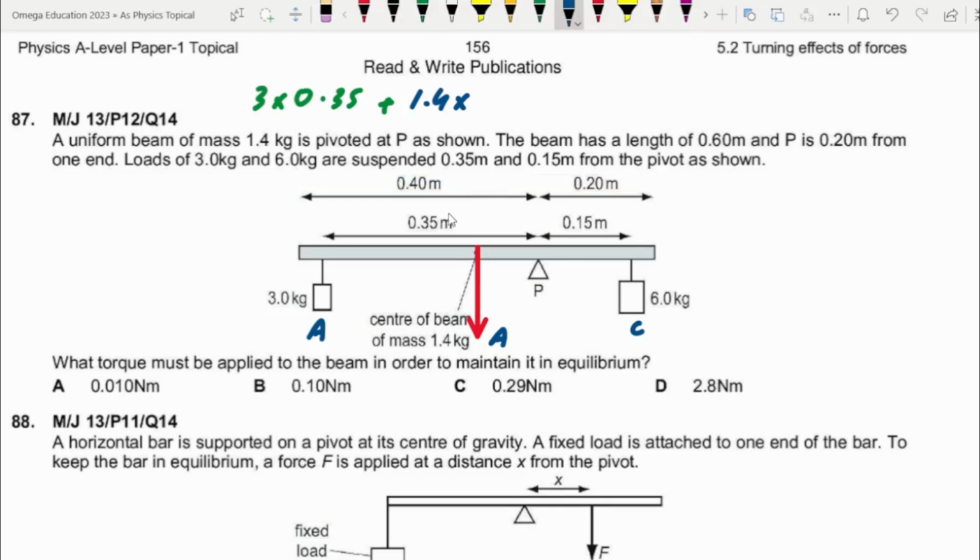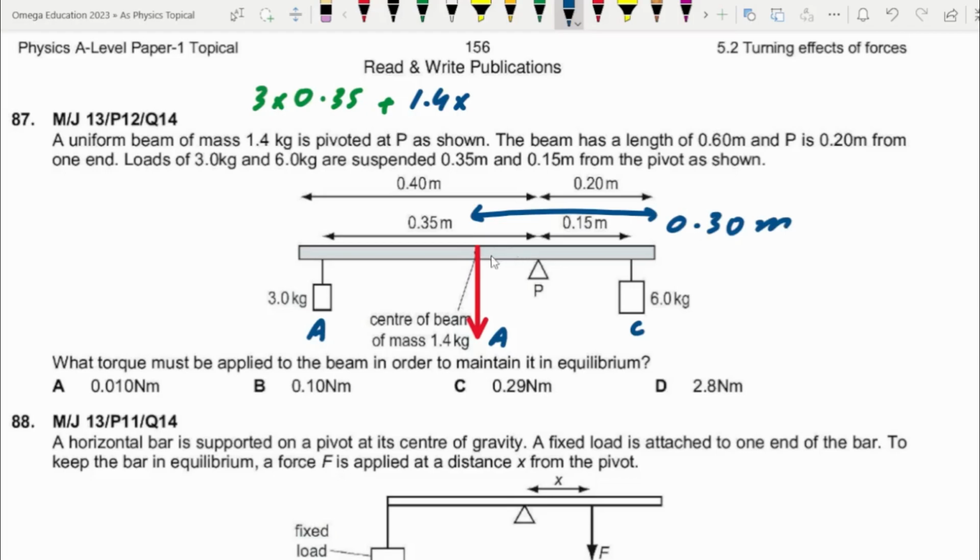So from the total length of 0.60, the center of the beam would be at 0.30 meters. The center of mass would be exactly at the midpoint, which is 0.30 meters.